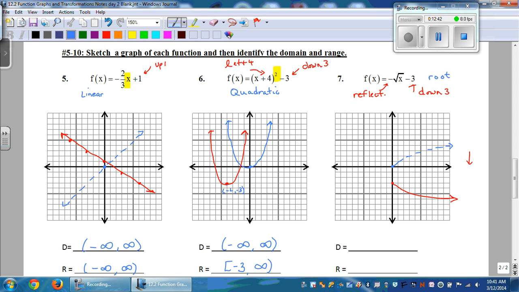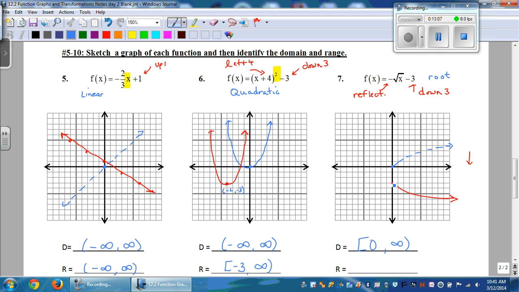The domain for this one depends on where your starting value is. In this case, the farthest to the left is this point, which is on the axis, which is 0. It's going on forever to the right, so that's why it's going to infinity. The range is how high up and how far down it goes.